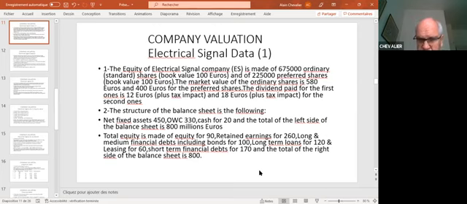So we can calculate the total equity level, which is equal to 260 plus 90. After that, you have different categories of financial debts: long and medium financial debts, including bonds, long-term loans, leasing, which has been incorporated here, and short-term financial debt. So, of course, we have to take into account the different characteristics of these different elements, on both the asset side and the liability and equity side.